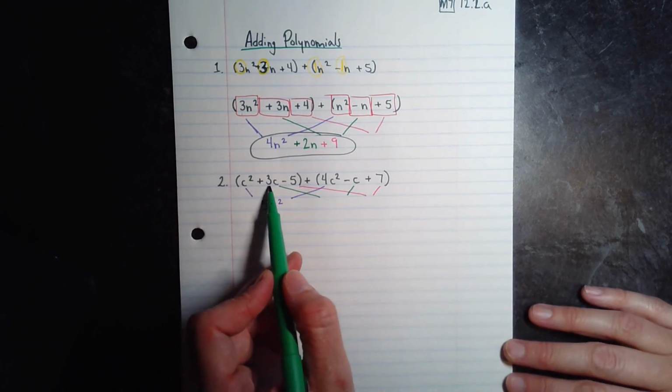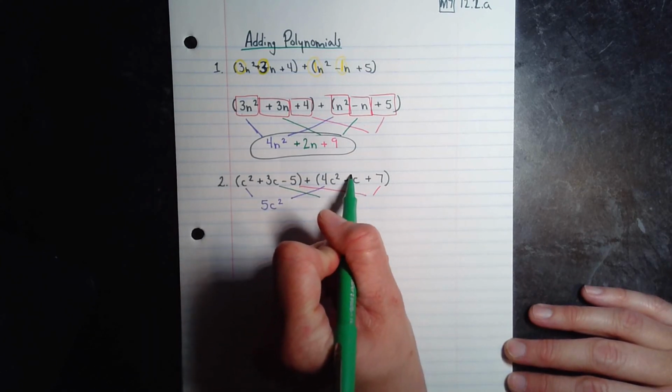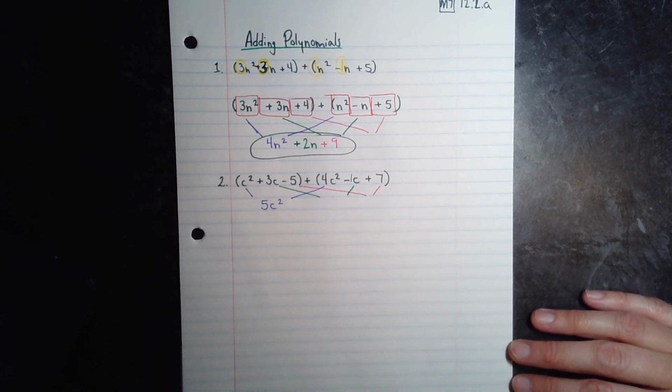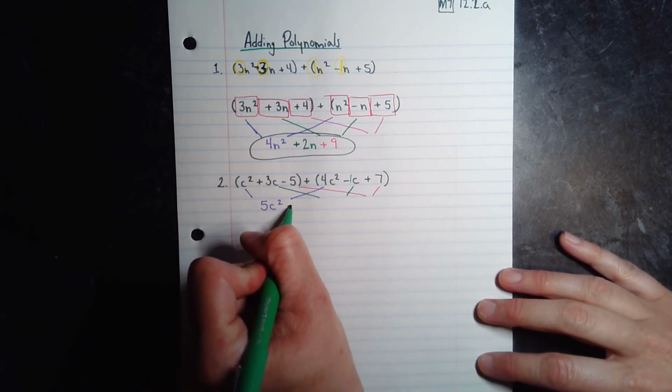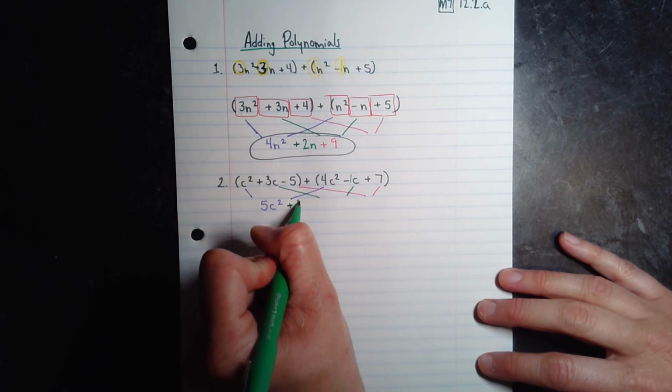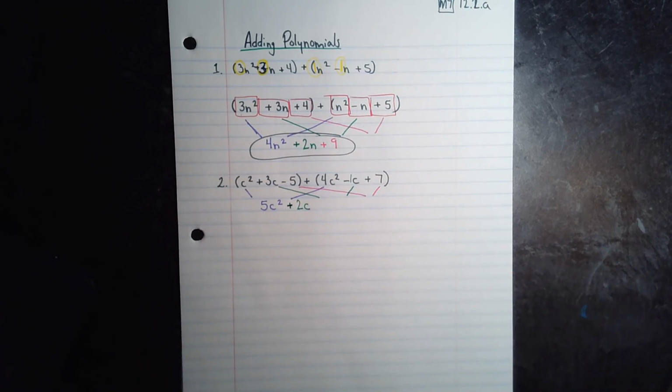For my c terms, I have 3c and I have negative c. Remembering there's a 1 in front of that, so that becomes negative 1c. So 3c minus 1c is positive 2c, because 3 minus 1 is a positive 2.